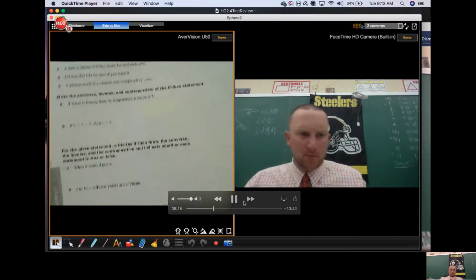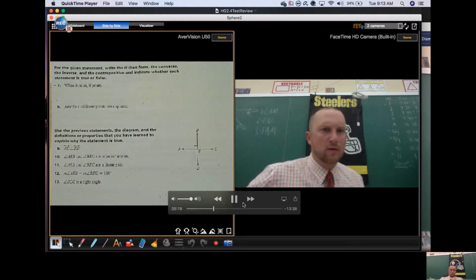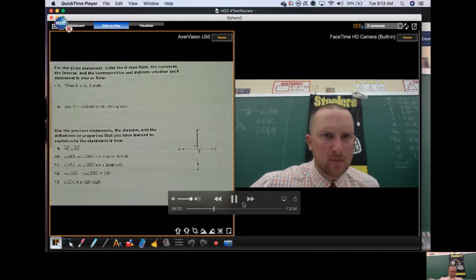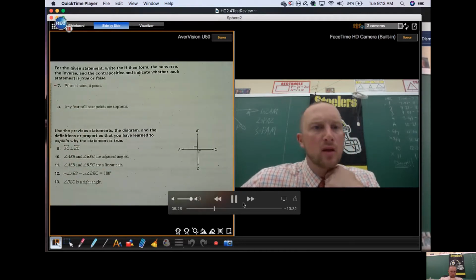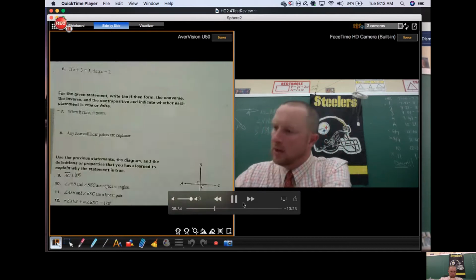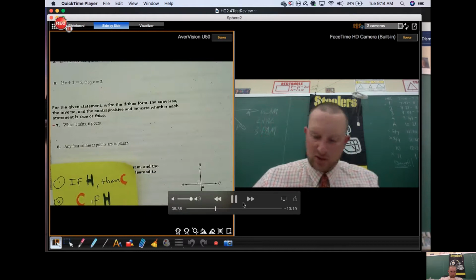If we flip back to part A, for each statement, write the if-then form, then the converse, inverse, and contrapositive, and indicate whether each statement is true or false. Now, I picked this one on purpose because it's short, so I don't have to write a whole bunch.